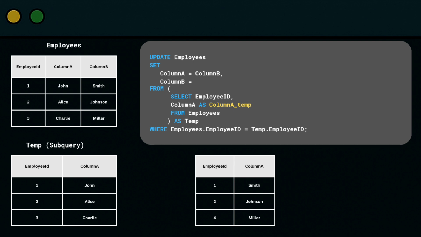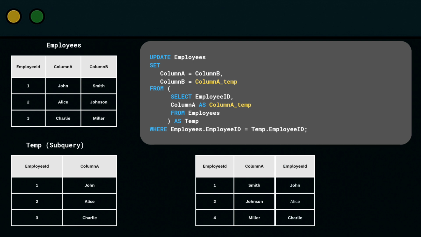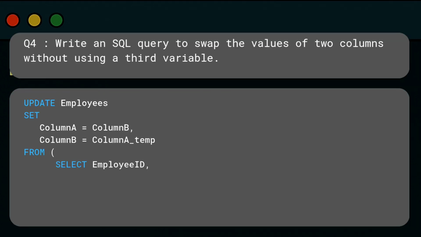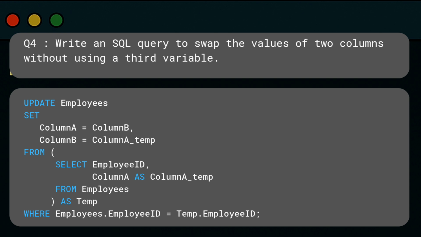So, the temporary column will hold column A data first, then column A will be replaced by the column B data. Then, we'll assign the temporary column A data into column B. Now the values are swapped. Done. Here is the query. You can take a screenshot for your notes.